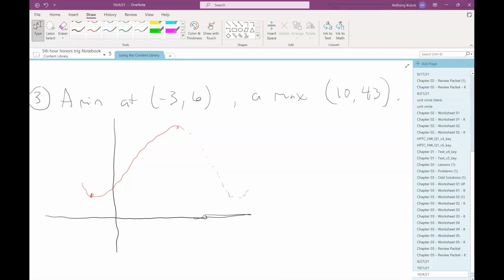Just like before, I'm going to find the K first. So I know the K is going to be halfway in between the minimum and maximum, right? Has to be directly in the middle. Everybody agree with that? So I'm basically looking for the number that's in the middle of 6 and 43, which would be the average of 6 and 43.